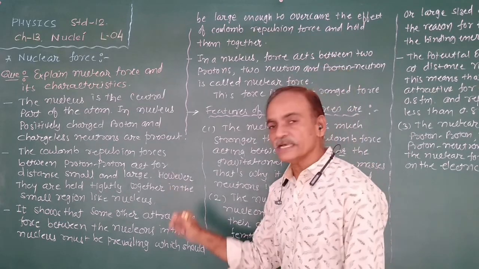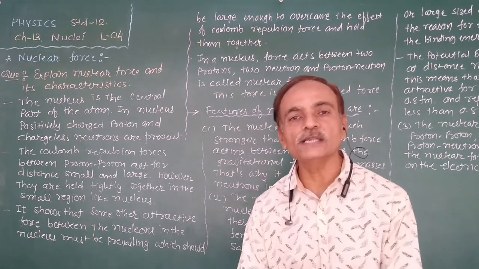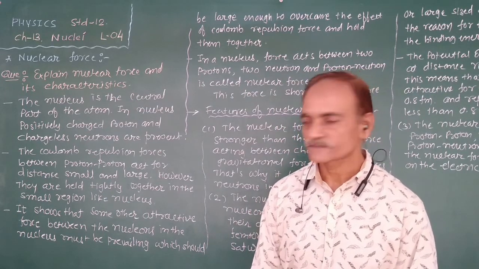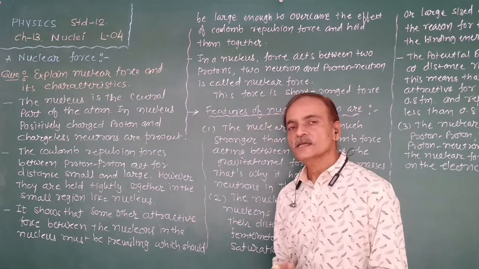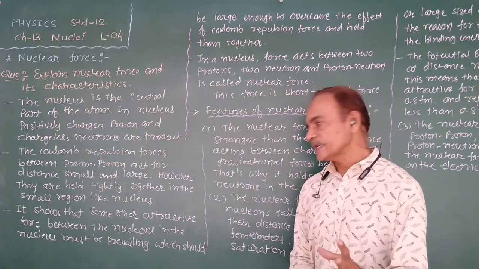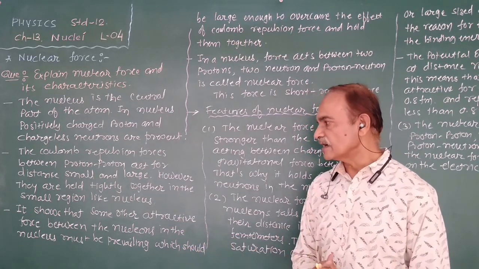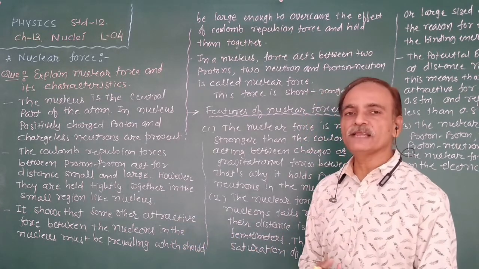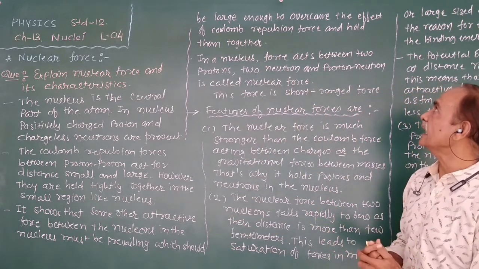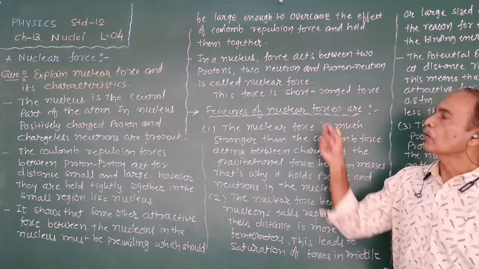Therefore, the repulsion force between the protons acts for all distances, either small or large. So it shows that some other attractive force between the nucleons in the nucleus must be prevailing, which should be large enough to overcome the effect of the Coulomb repulsion force and hold them together.